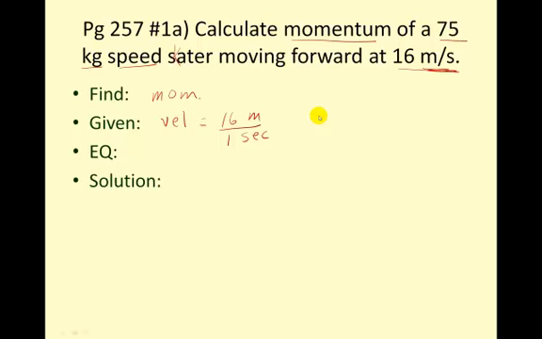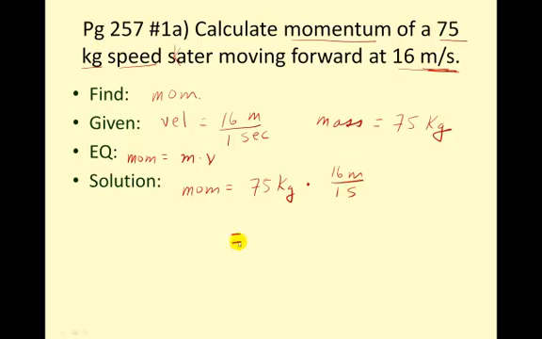We also have a mass, which is equal to 75 kilograms. And what's the equation? We know that momentum is equal to mass times velocity. So our solution is simply momentum is equal to a mass of 75 kilograms times a velocity of 16 meters per 1 second.